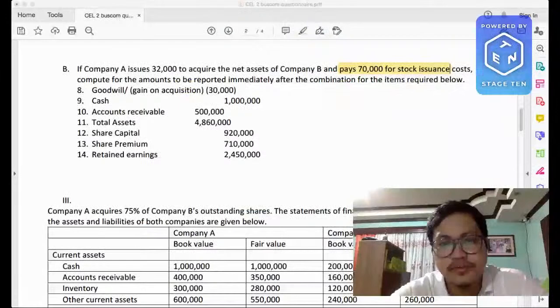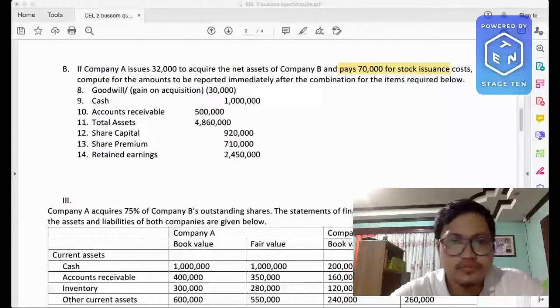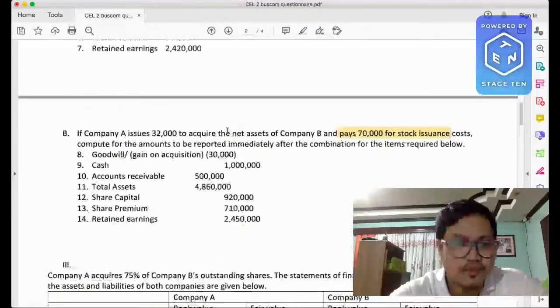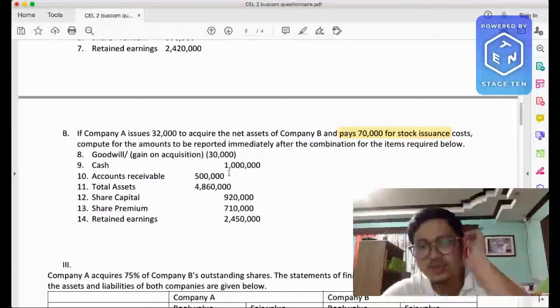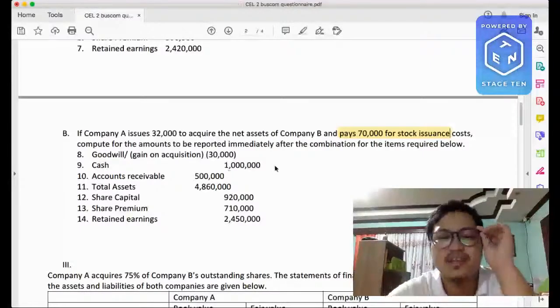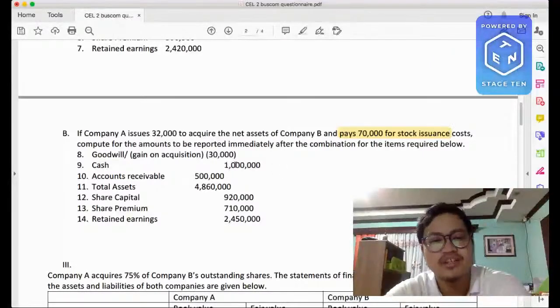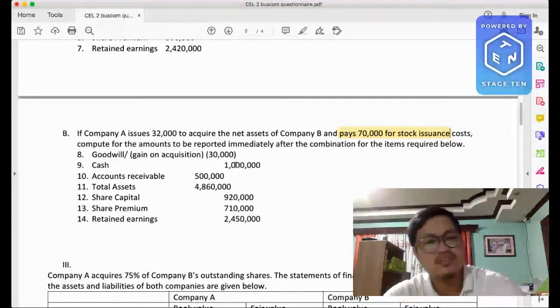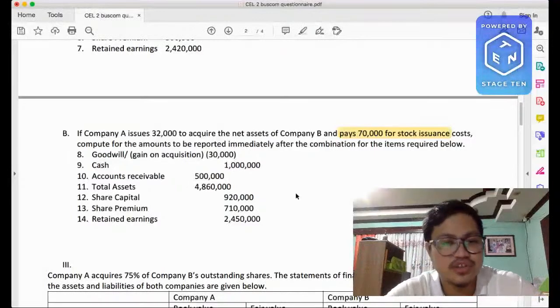Okay. Now, what are the other questions? We've computed for goodwill 30,000, cash 1 million. Again, class, please don't forget the things you should remember for cash: the consideration, acquisition related cost, and stock issuance costs.